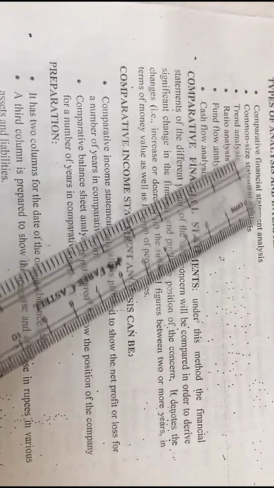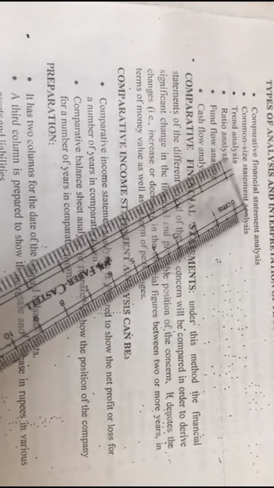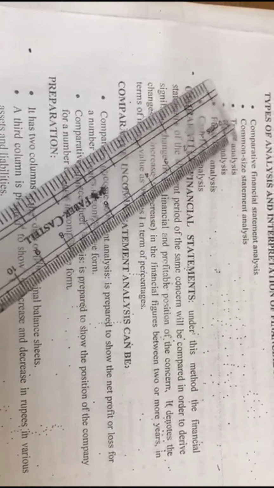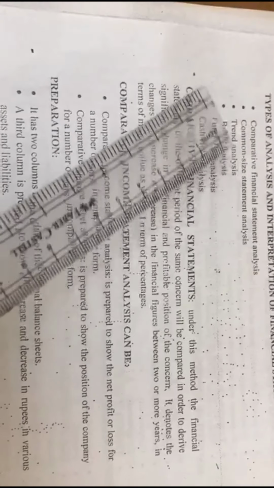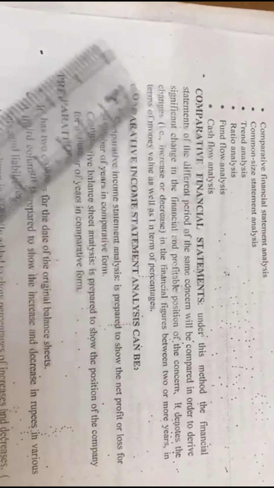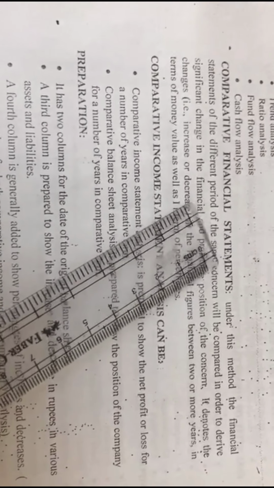Under comparative financial statement analysis, we have two types: comparative balance sheet analysis and comparative income statement analysis. Similarly, under common size statement analysis, we have common size balance sheet analysis and common size income statement analysis.